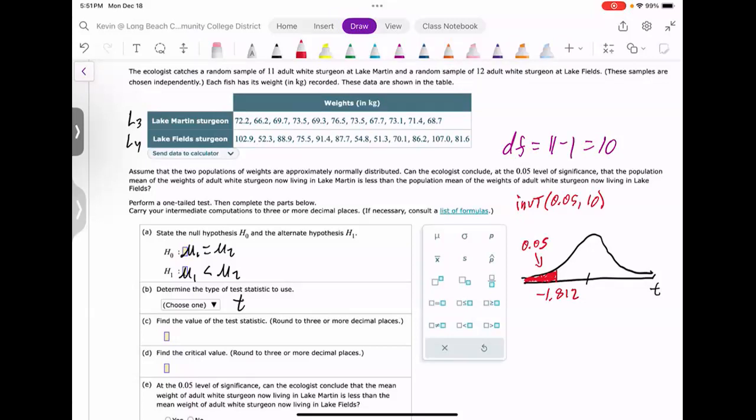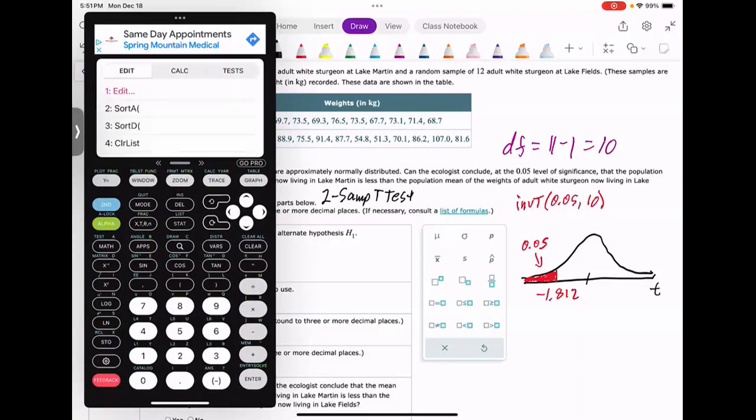And let's find the test statistic. In this case, this is going to be a 2-sample t-test. The 2-sample t-test is my number 4 here. We are using lists. I have to change my lists, though.